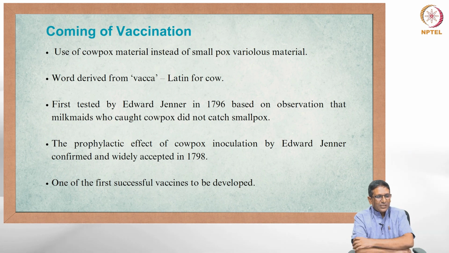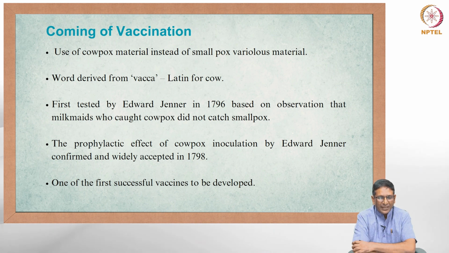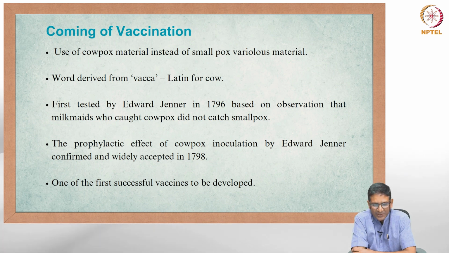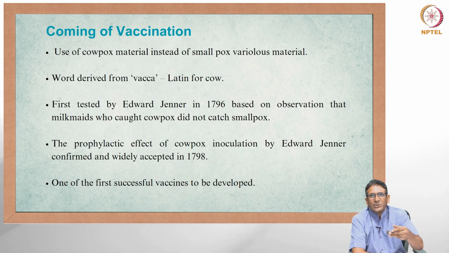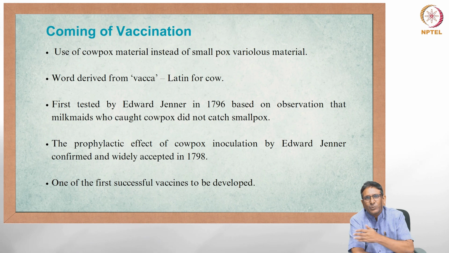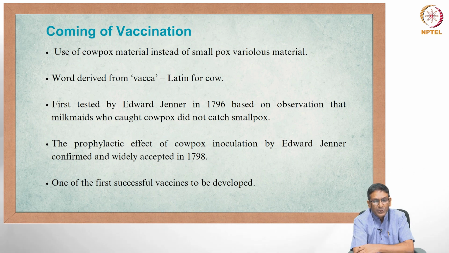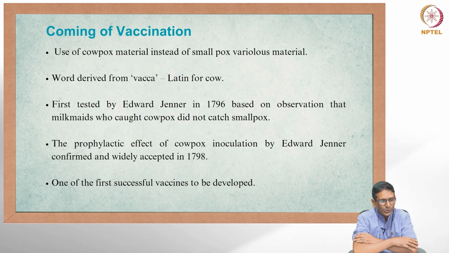it's not like all vaccines have some connection to cow or parts of the cow's body or its diseases or fluids. So this was first developed by Edward Jenner, who observed in 1796 that milkmaids who were in close contact with the cows on a daily basis were more likely to get cowpox. So those who had that cowpox were more likely to be immune to smallpox.